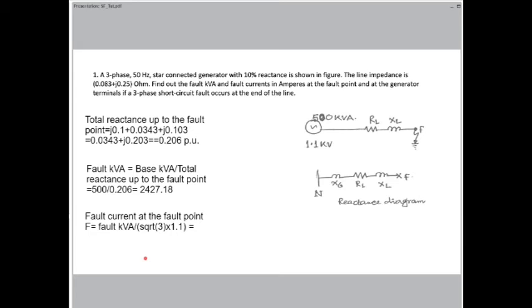Amanda, what's the answer? This is not too difficult. Yes, 1273.94. Anyone else?